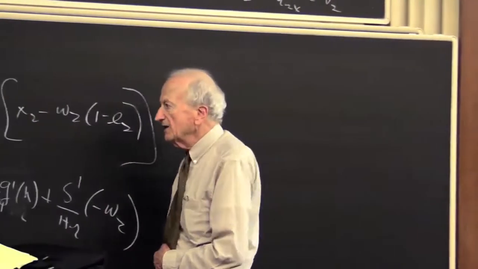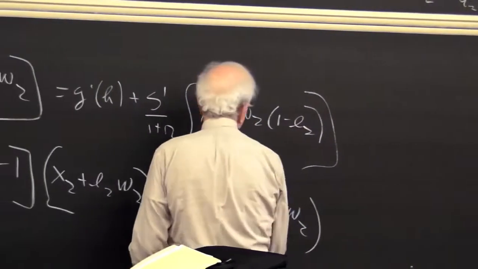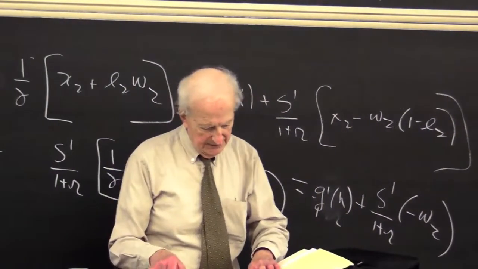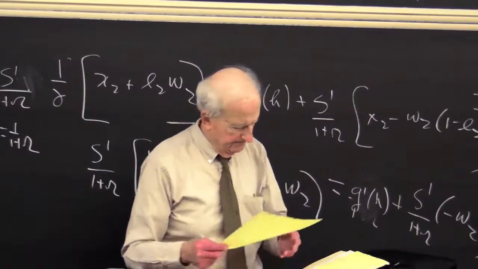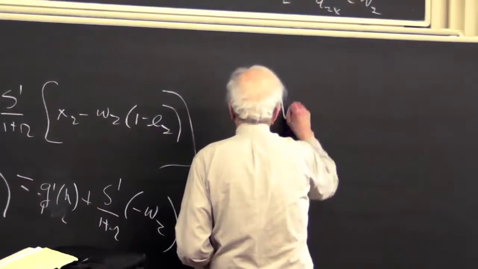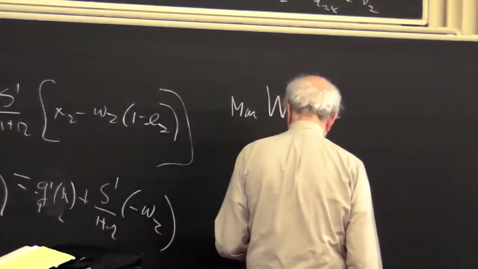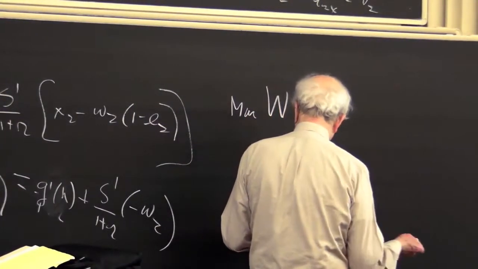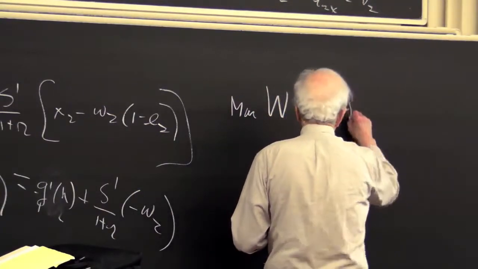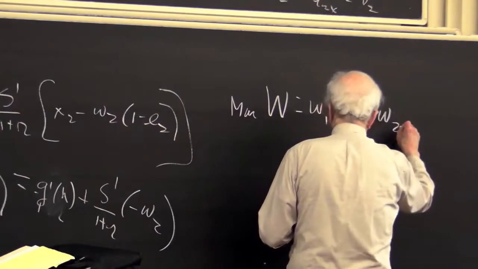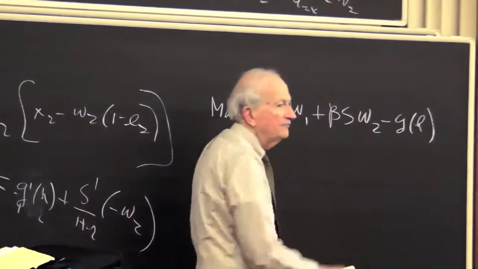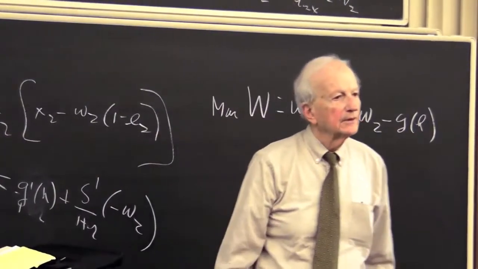So what we're going to maximize is W, which is by definition full wealth: W1 over beta S W2 minus G of H. So we're going to choose H to maximize net full wealth.